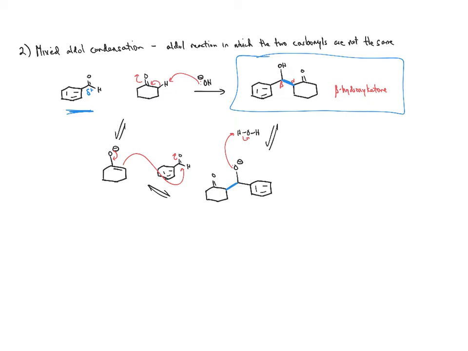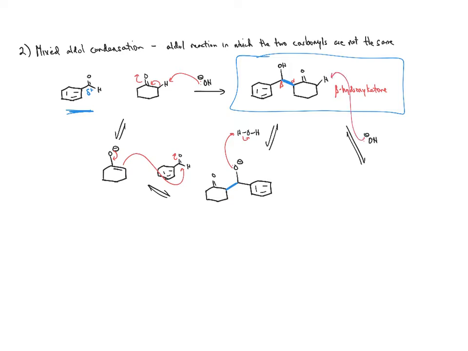Okay, now this can happen again, and so if we have two equivalents of the aldehyde with respect to the ketone, we can get another deprotonation to occur with hydroxide, but it can occur on the other side.